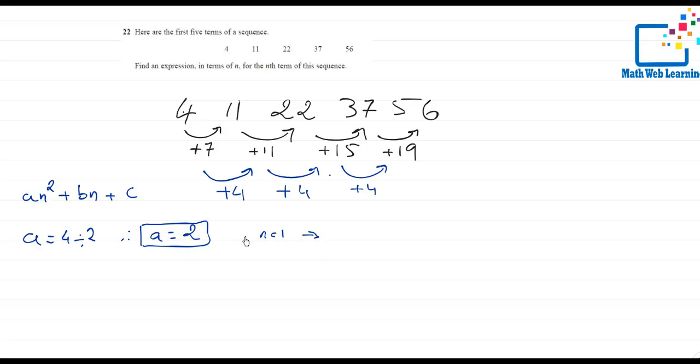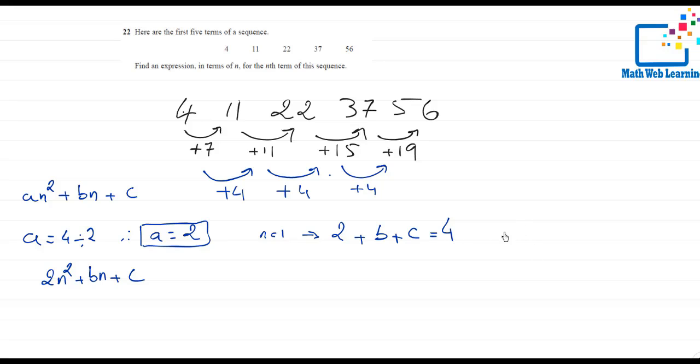Because I've got a equals 2, I can write it down as 2n squared plus bn plus c. So n equals 1, I'm going to substitute it here. So it's going to be 2 times 1 squared, which is 2, plus b times 1 is b, plus c. Now the first term is equal to 4.